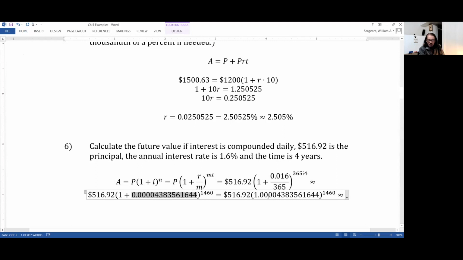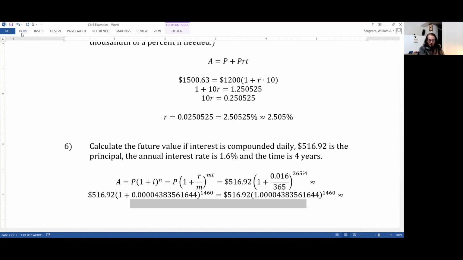After the parentheses, I need to raise it to this exponent, but there's work to do in the exponent. 365 times 4 is 1460. By the way, this will apply to many of the questions from here on out. Usually you're going to have something that's between 1 and 2 that is raised to a power.